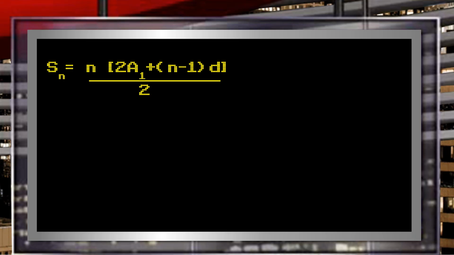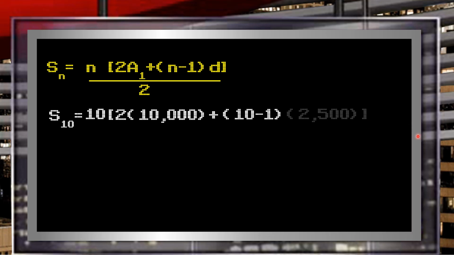Now, substituting the values with this formula na hindi given yung last term. So, we have S sub 10 is equal to, ang N natin ay 10 times 2. Ang first term natin, di ba, ay 10,000 plus, ang N natin ay 10 minus 1 times ang difference natin ay 2,500 divided by 2.